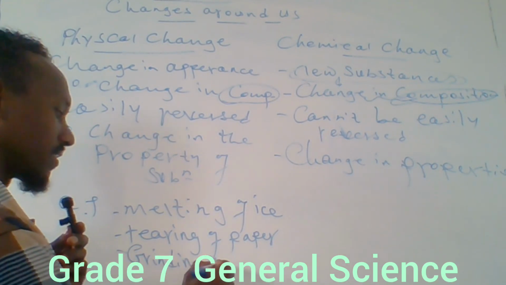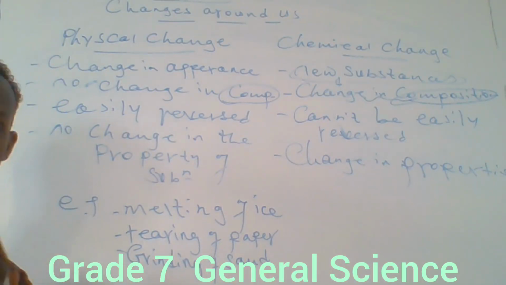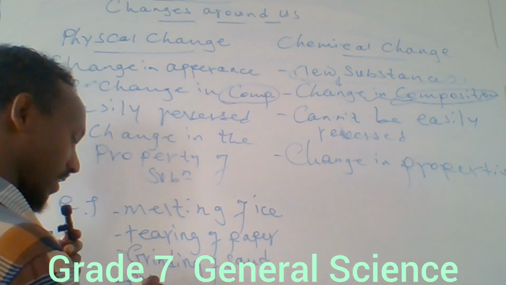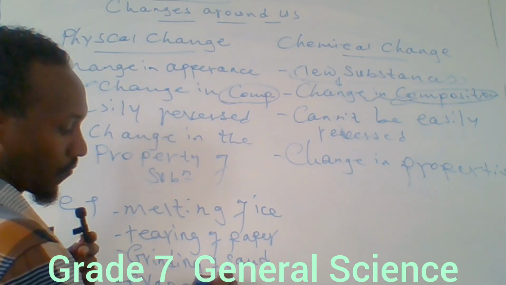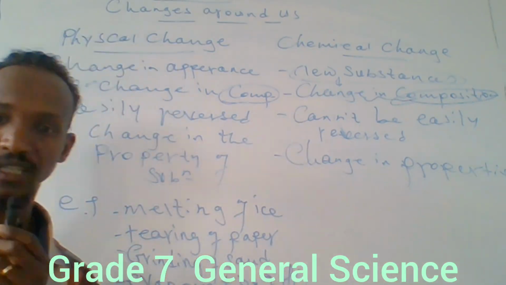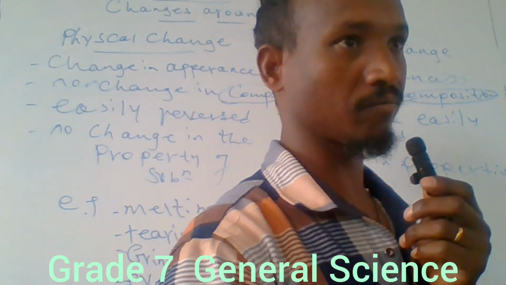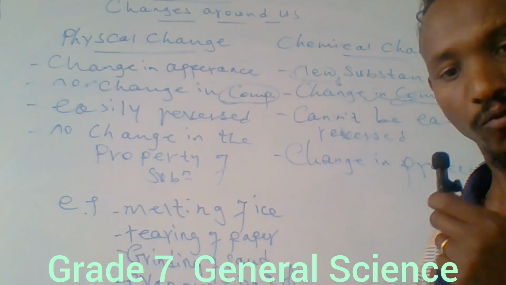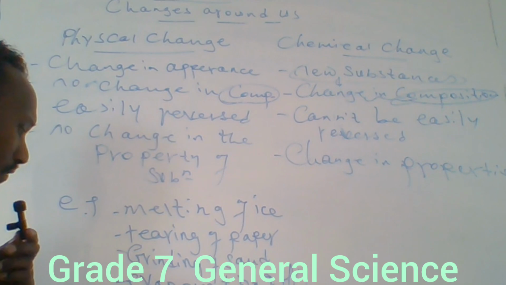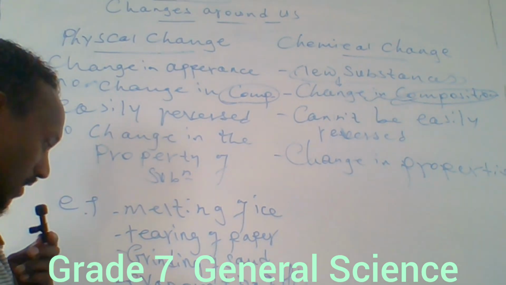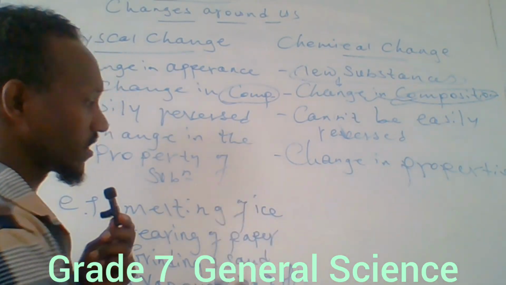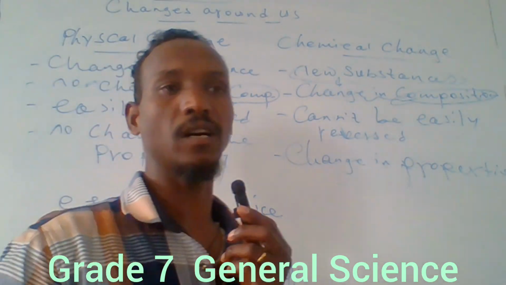Grinding of sand is another example. Evaporation of water, H2O, which is the chemical formula of water, as you have learned in lower grades. Dissolving of substances, dissolution, is also a physical change.